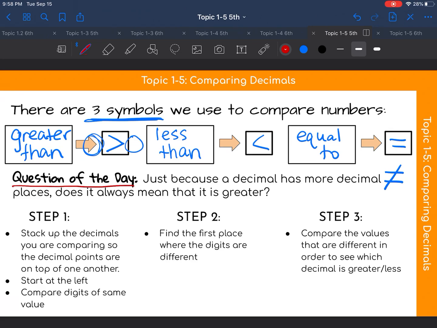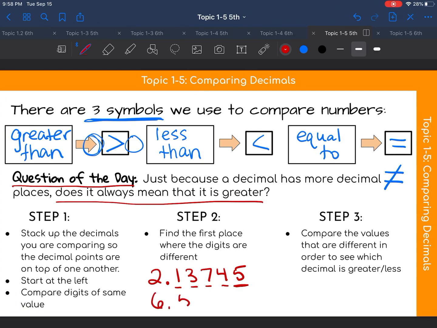So let's look at our question of the day. It says, just because a decimal has more decimal places, does it always mean that it is greater? What I mean by decimal places is like this. If we have this decimal, it has 1, 2, 3, 4, 5 decimal places, okay?